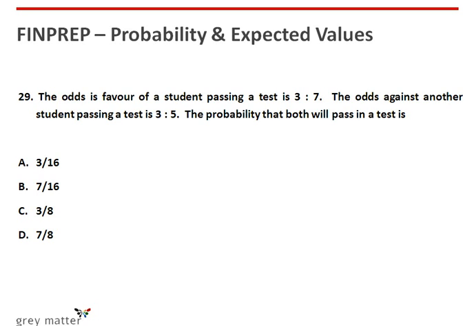29th question. The odds in favor of a student passing a test is 3:7. The odds against another student passing a test is 3:5. The probability that both will pass the test.